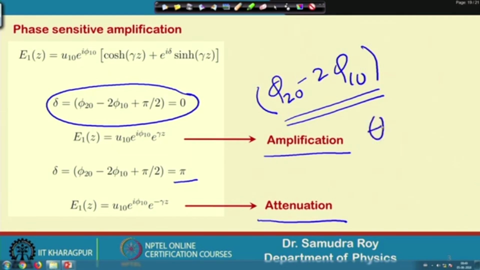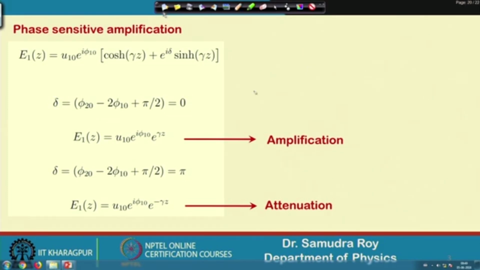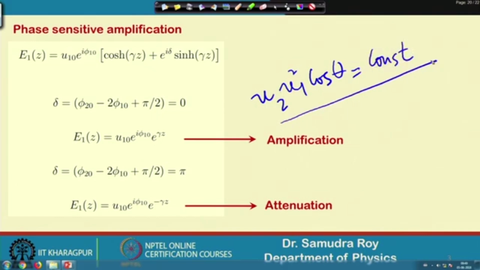We found one very important constant, if you remember, that u2 u1 square cos theta was constant. From this relation, theta was phi 2 minus 2 phi 1. So, exactly this quantity is here. It is coming in the same way.